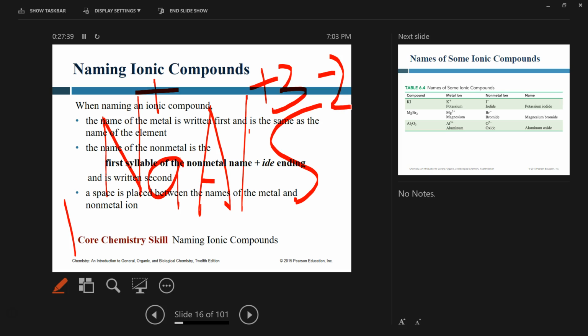What's the total positive charge? +1 and +3 gives you? 4. +4. Does that make sense? So you need two sulfurs. Does that make sense? Now, let me reassure you.